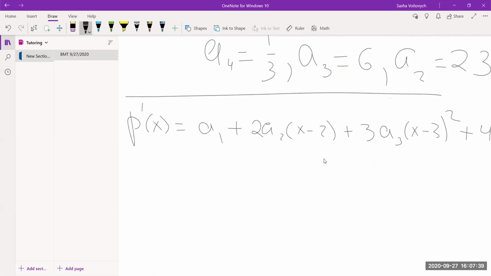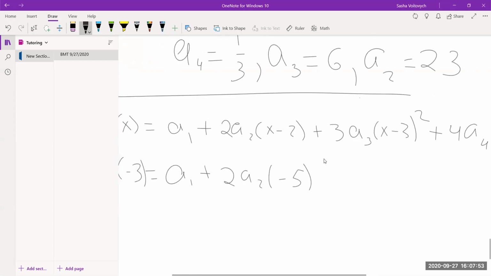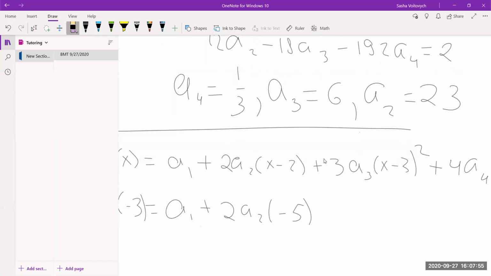So at the point minus 3, this will be equal to a1 plus 2a2 times minus 5, and let's plug in the values that we just obtained. A1 is still unknown.